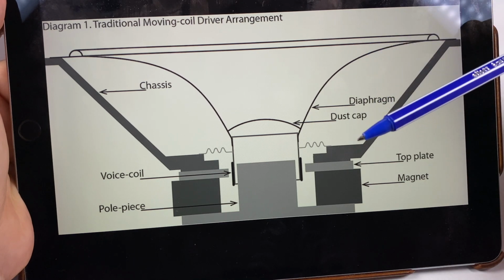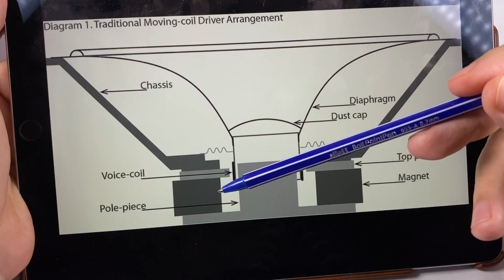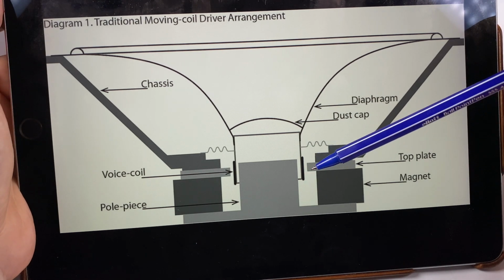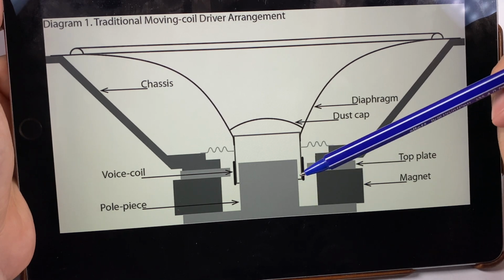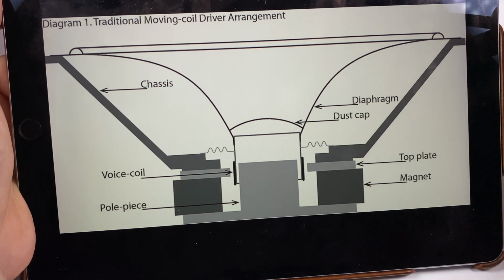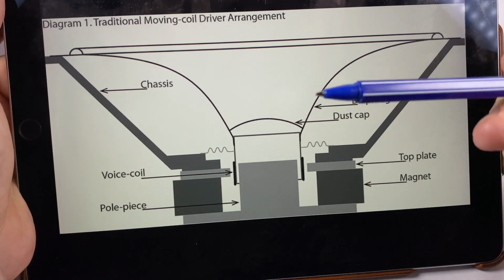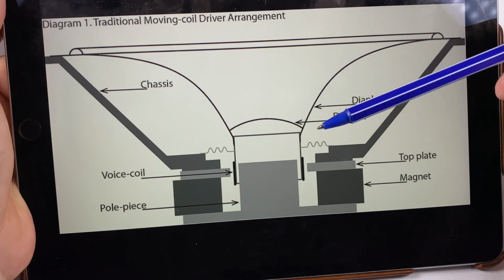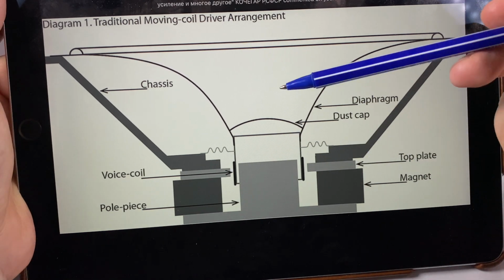And another aspect is that the magnetic field produced by this circular magnet is not uniform, because it differs in the center and at the ends, so the movement is not totally uniform in this field. So there are some distortions and this causes some changes in the frequency response. So the negative side of dynamic drivers is a bit higher distortion and a less linear frequency response.